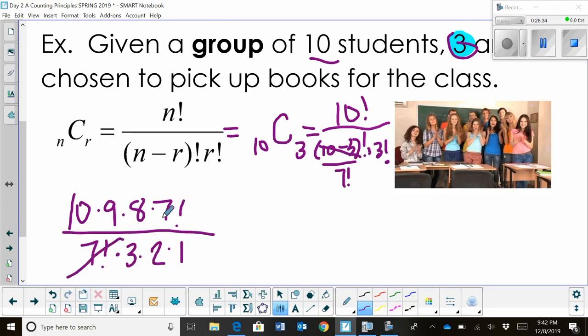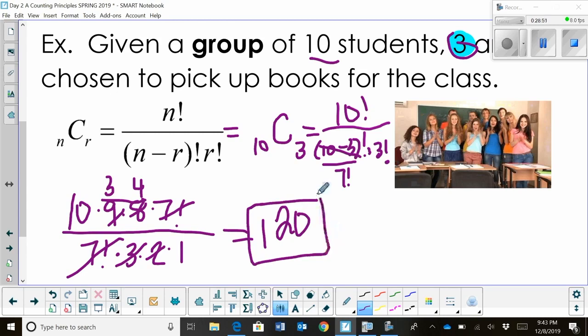Okay, the 7 factorials cancel, and then I can reduce 3 and 9 just to 3, and 2 and 8, I can reduce that to 4. So really, I'm just taking 12 times 10, so that's 120. So that means there are 120 different ways I can choose 3 students to go get books from a group of 10 students. That's how a combination works.